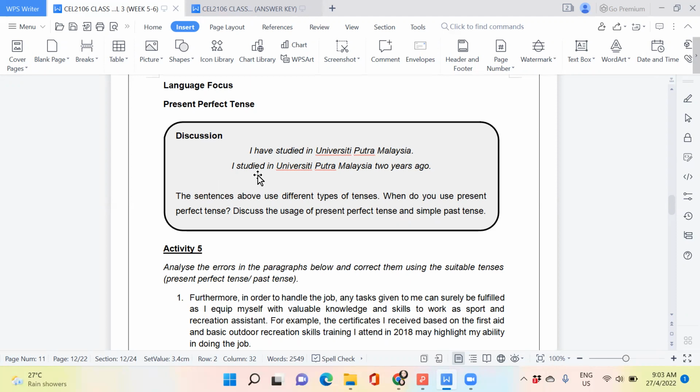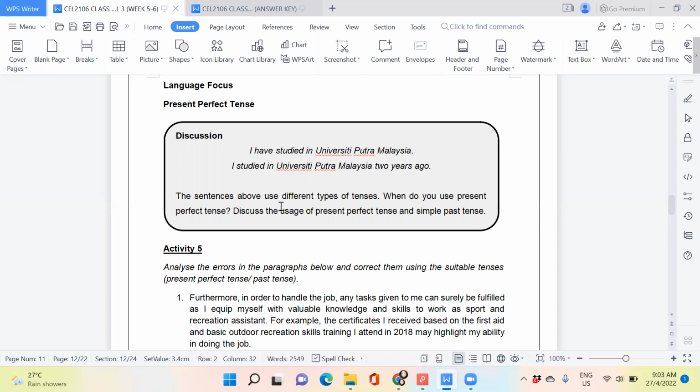It seems similar, but it has two different functions. So what do you think? What is happening right now?